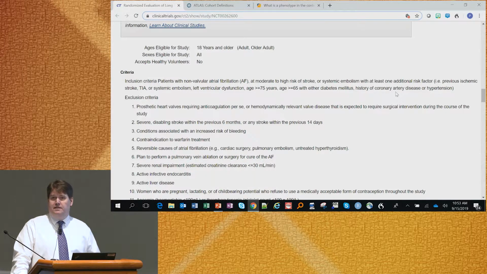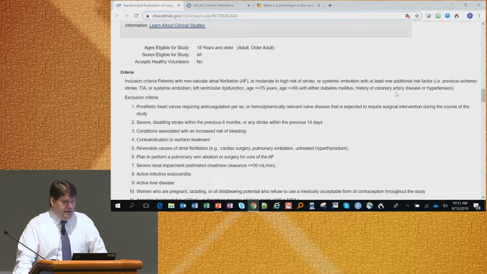Certainly for the inclusion criteria, it's feasible that we can define people suffering from the AFib event. We can determine an age; that's certainly something we can observe at the event. All these additional risk factors equate to either a lab value or another diagnosis code. So everything in the inclusion criteria seems pretty feasible.